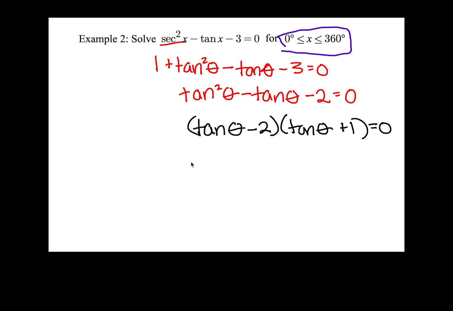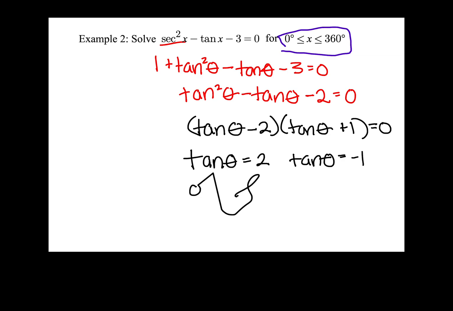Okay, so because I have factored, now I can say that tan theta is equal to 2 or tan theta is equal to negative 1. Solving for theta, theta is the inverse tangent of 2 or the inverse tangent of negative 1.